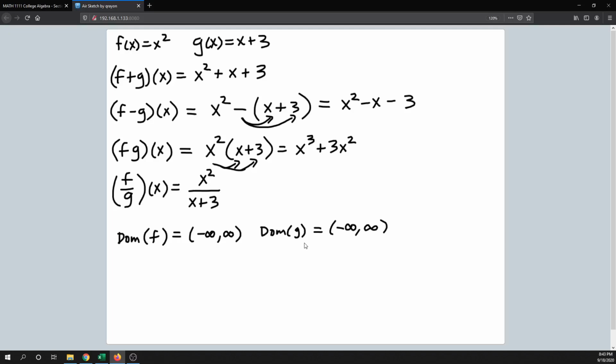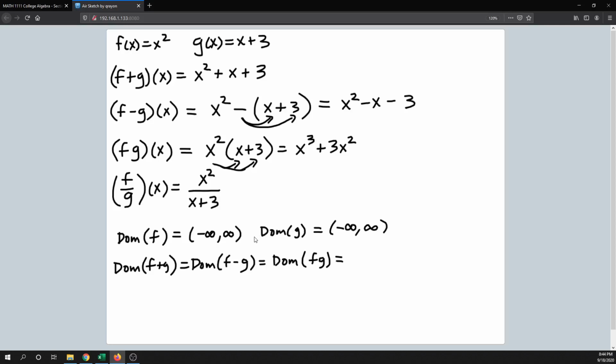So now to find the domain of f plus g, f minus g, and the domain of f times g, what we would do is take whatever numbers are common to the domains of f and g.